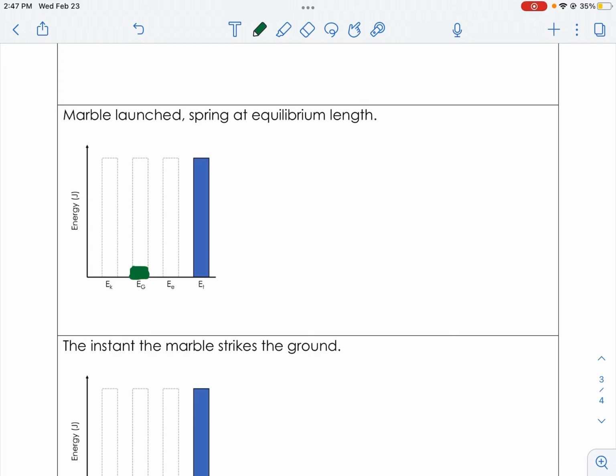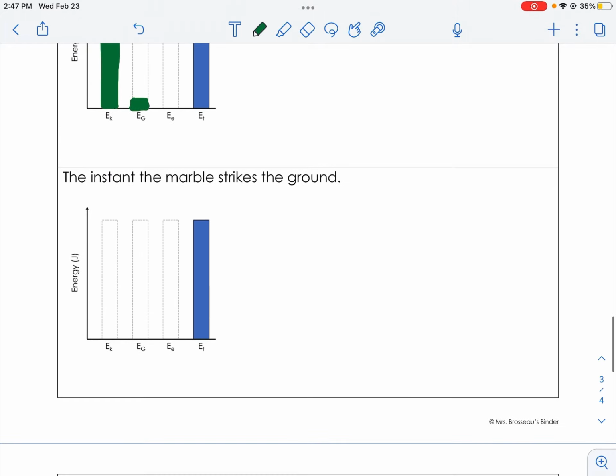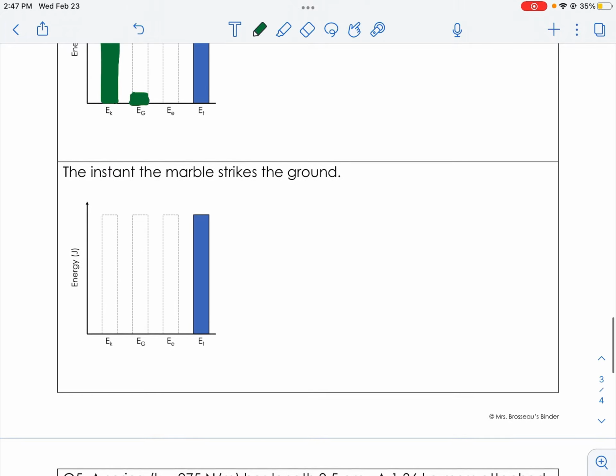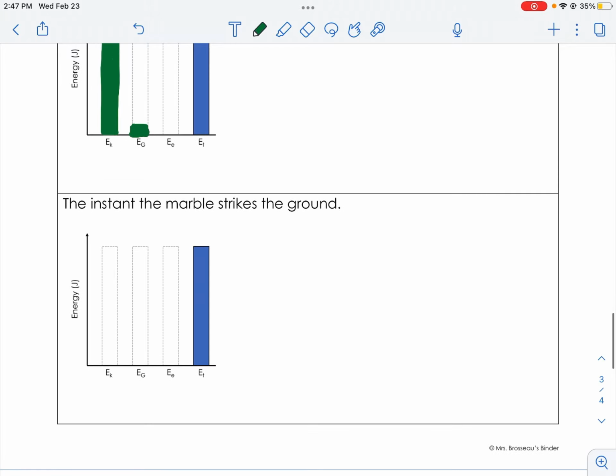And then the rest of it will be kinetic energy. I did my best to make sure that those two parts would add together to make a whole, but those should be the equivalent to the total. And then the instant the marble strikes the ground, it would have completely kinetic energy.